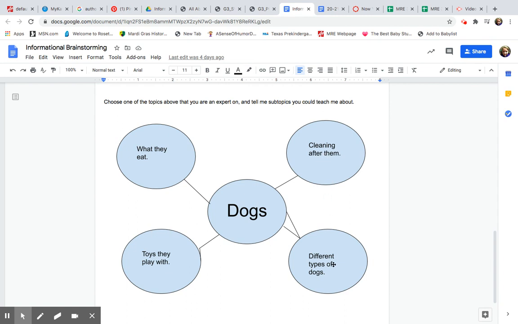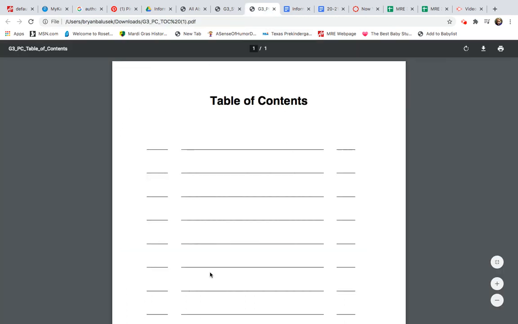Chapter 2 might be different types of dogs. Chapter 3 might be toys they play with. And chapter 4 might be what they eat. Okay. Now, I probably want to tell you about what they eat though before I tell you about their toys. So I can move around these chapters so that they make sense in order on my table of contents.